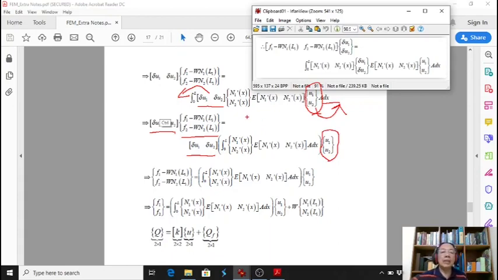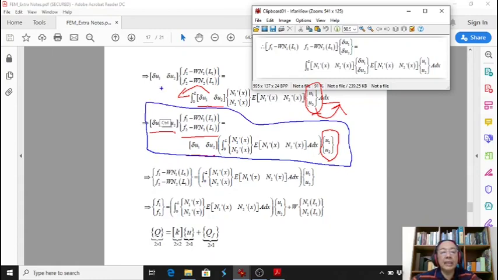Okay, so if we see this expression, now we have the virtual term on the left hand side of this equation.